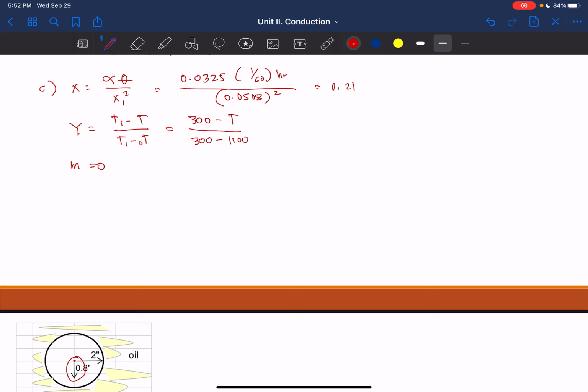So if your m is 0, you compute for your n just to be x over x sub 1, which is your 0.8 all over your initial radius of 2 inches. So you get your n to be 0.4.